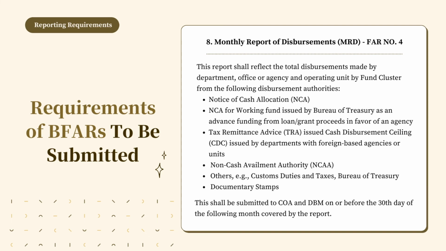This report shall track the actual disbursement of the departments or agencies against their disbursement program, and the reason for over or underspending shall be indicated. This shall be submitted to COA and DBM on or before the 13th day of the following month covered by the report.